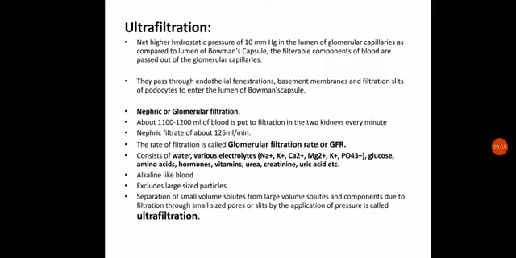So what is GFR? It is the total glomerular filtrate produced during 1 minute. Although around 1100 to 1200 ml, or 1 to 1.2 liters, of blood is pumped into the kidney every minute, only 125 ml of filtrate is produced, and that is the glomerular filtration rate.